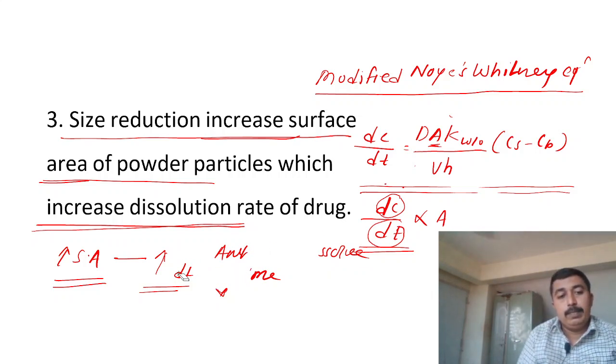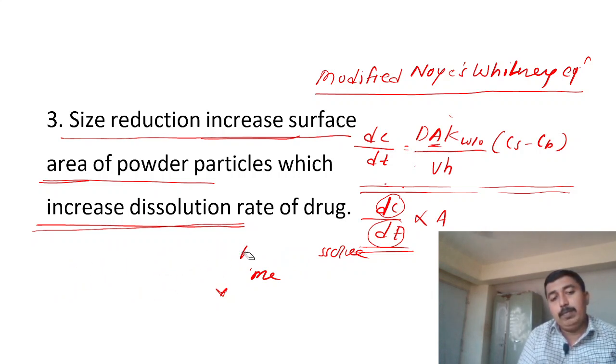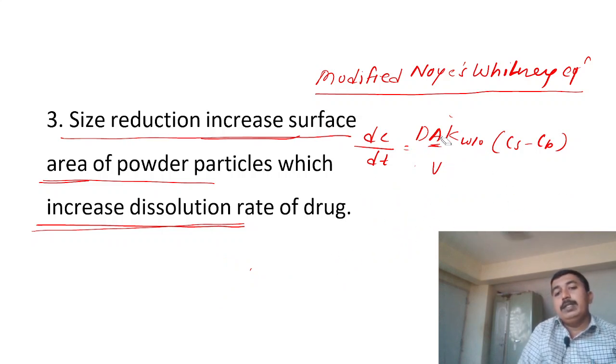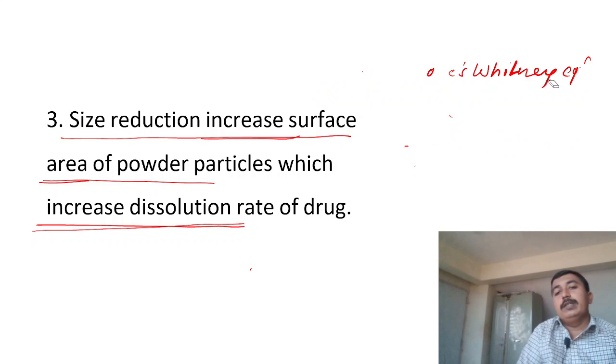We'll see, if surface area is more, the rate of dissolution is more. According to the modified Noyes-Whitney equation, what we have discussed, the rate of dissolution is directly proportional to surface area. Okay, the equation we have discussed so far.